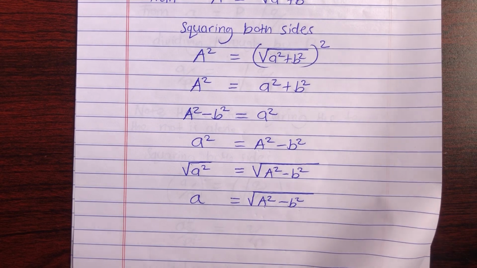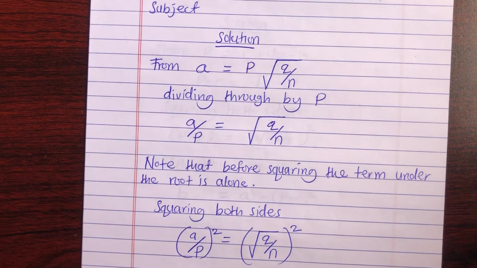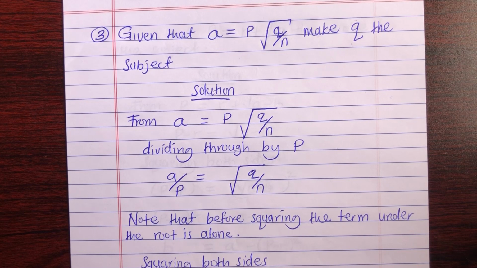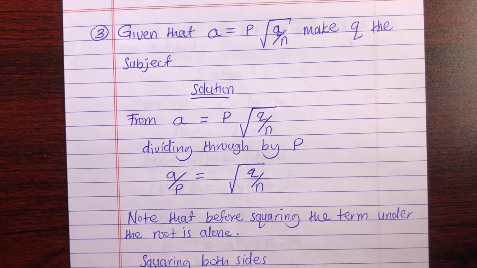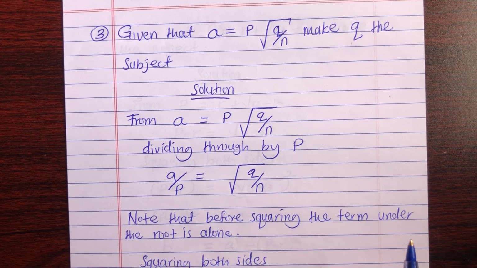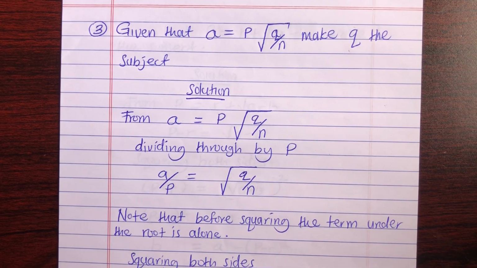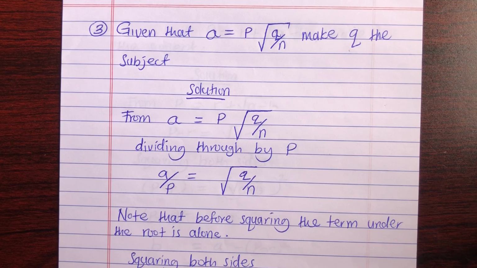So let us look at example 3 concerning the same. Remember, we are looking at our last part of change of the subject, and in this particular moment we are looking at how we deal with nonlinear equations having fractional powers.